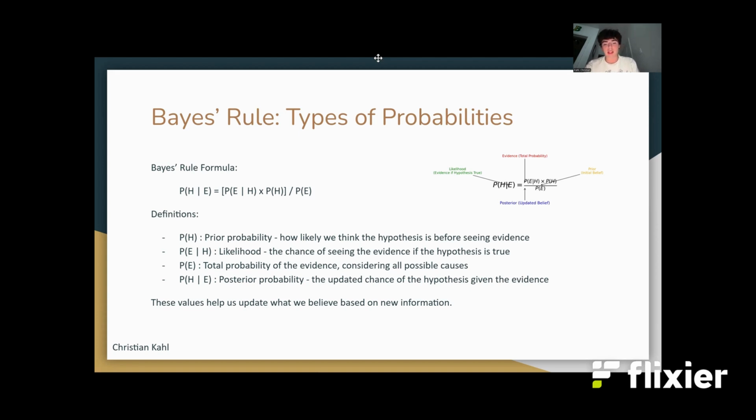P(H|E) is the posterior probability. It's what we're solving for, the updated chance of the hypothesis being true after we've seen the evidence. These four probabilities work together to help us reason more accurately and help us figure out the cause of something we've already seen happen.